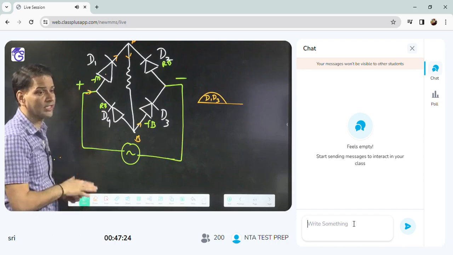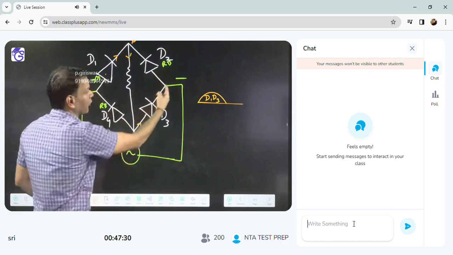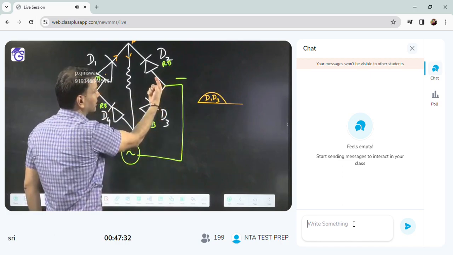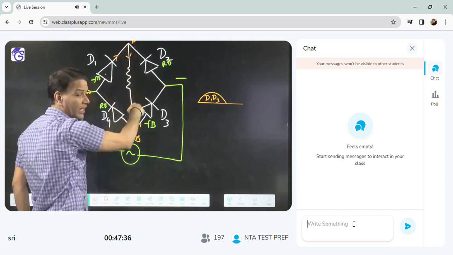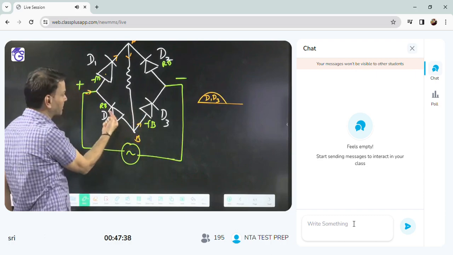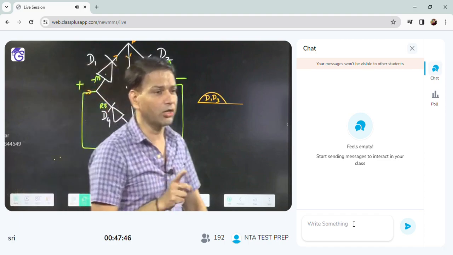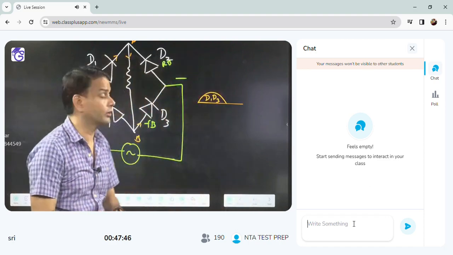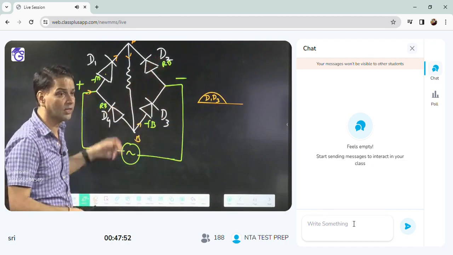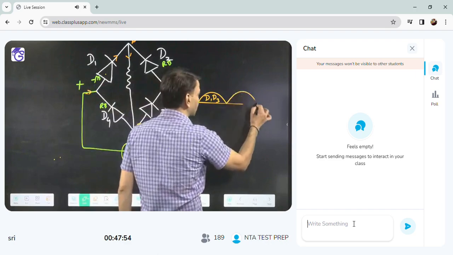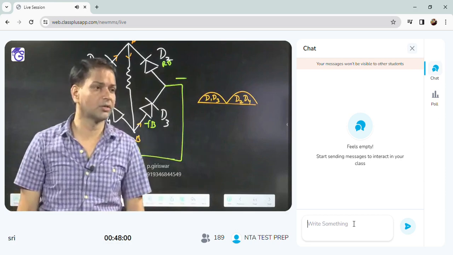In the next half cycle this terminal will be positive, and current will go from here through D2, which is forward biased, then through the load from A to B, then through D4, which is forward biased, and come back. Again A to B. But here it flows due to D2 and D4. The next half cycle, the negative half cycle, we get due to D2 and D4. So current is flowing in one direction. The full wave gets rectified or not?